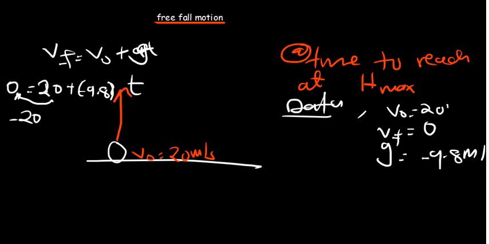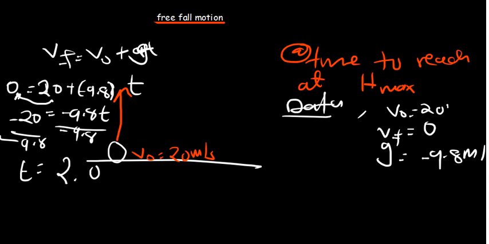I divide both sides by negative 9.8, and I get my time. Negative 20 divided by 9.8 gives me a time of 2.0 seconds. This is the time it takes for it to reach the maximum height.